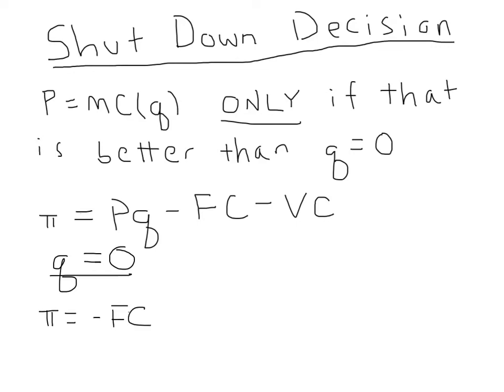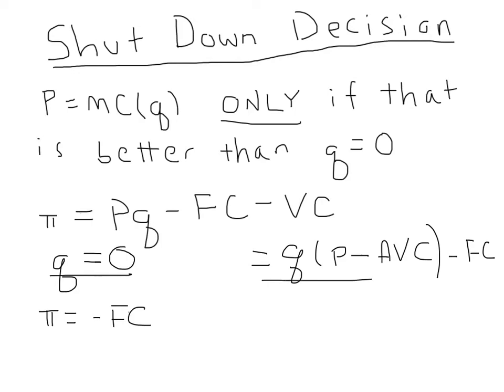If Q is not 0, it's given by our profit maximizing level, then we can factor out a Q and see that profit equals Q times P minus variable costs divided by Q, or average variable costs, minus fixed costs.